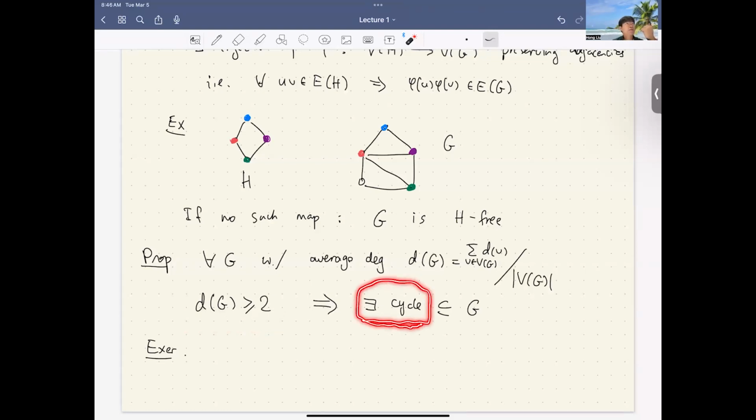In this case, we cared about cycles, so a cycle appears. Then the next natural question is, how tight is this bound? Can we put 1.9? So the exercise is to prove this.